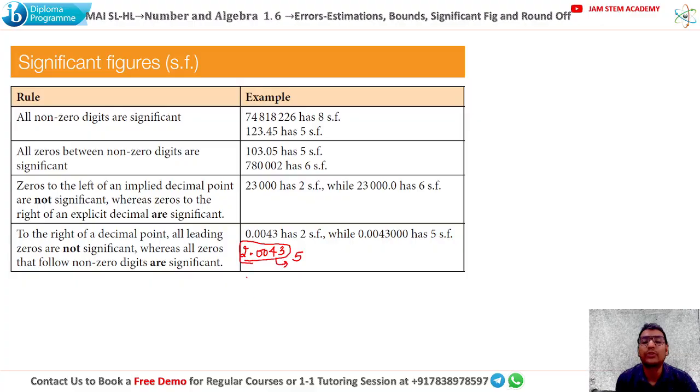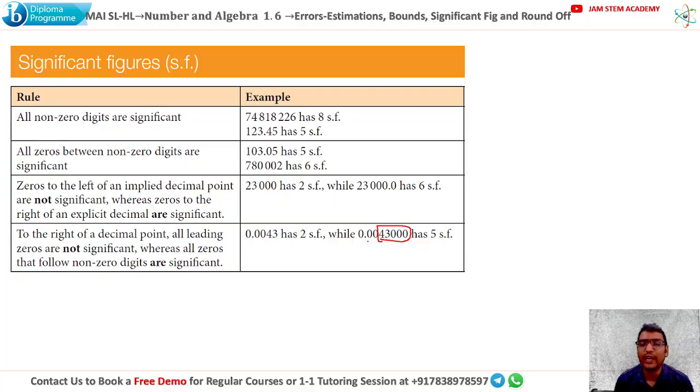2.0043, because this time the zeros between those after the decimal are considered as significant figures. But in the other case, the leading zeros are not considered as significant figures. 0.0043 has only two significant figures. But if you have 0.043 and few more zeros after that, yes, these zeros will be considered as significant figures.